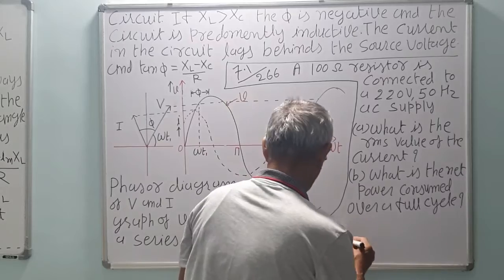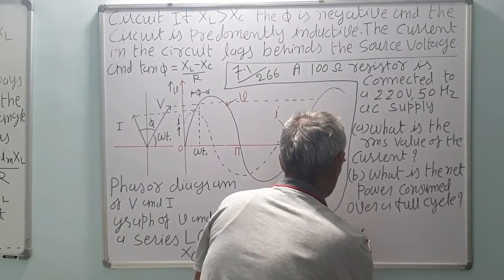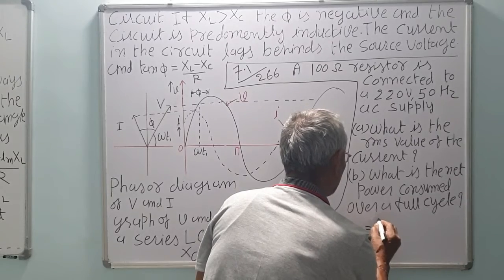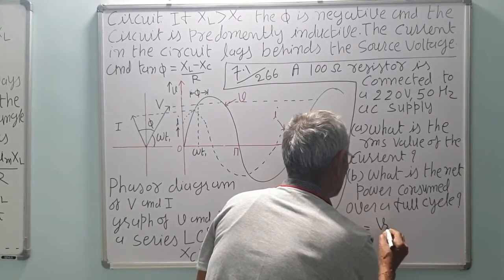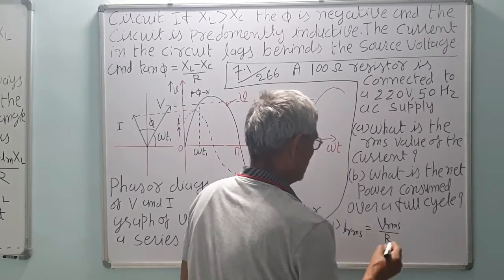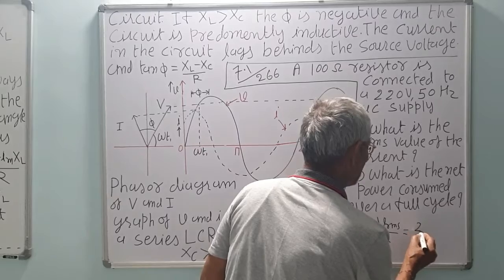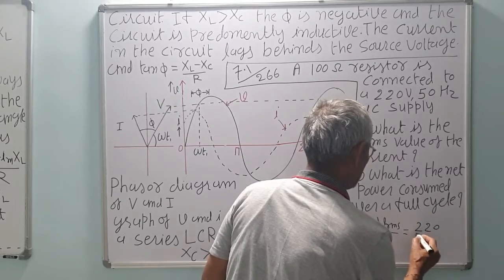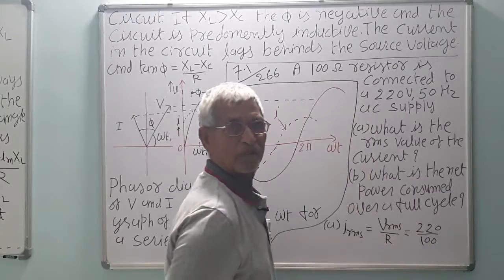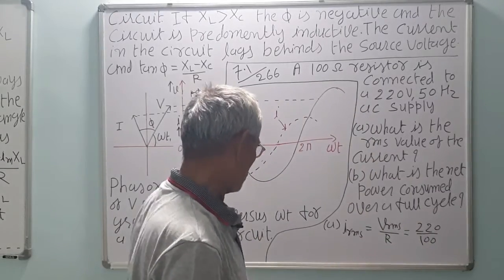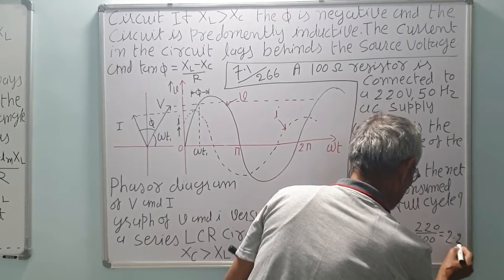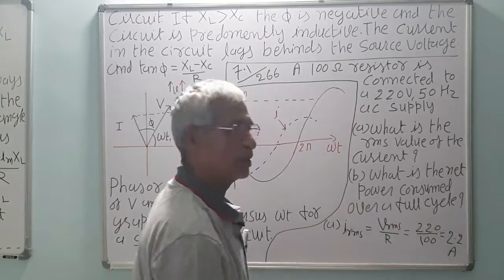So IRMS is equal to voltage VRMS upon resistance R. VRMS is 220, whatever we get from the source, upon resistance 100. That is 220 upon 100, that is 2.2 ampere is the current.